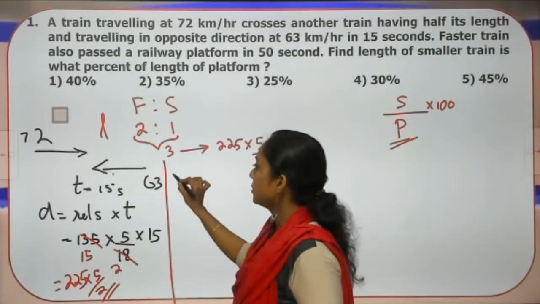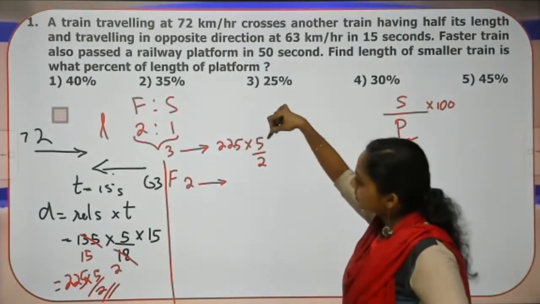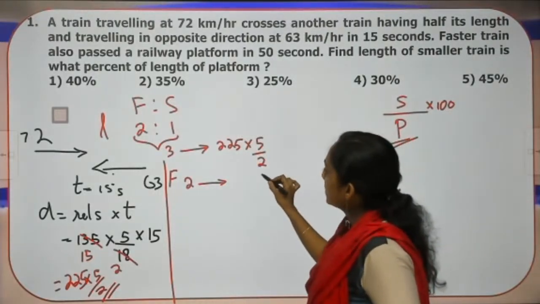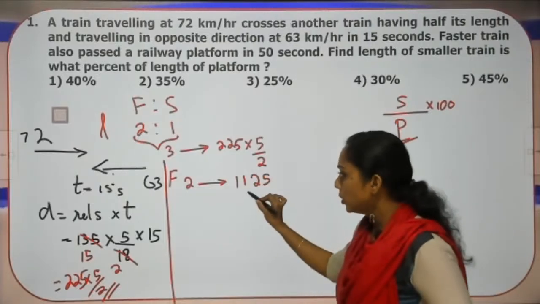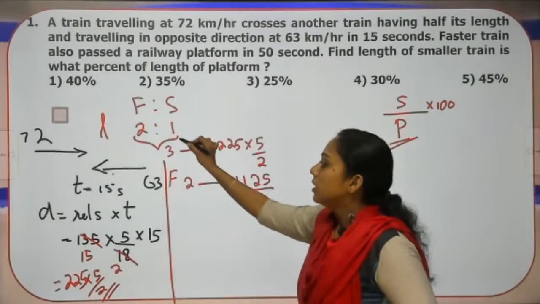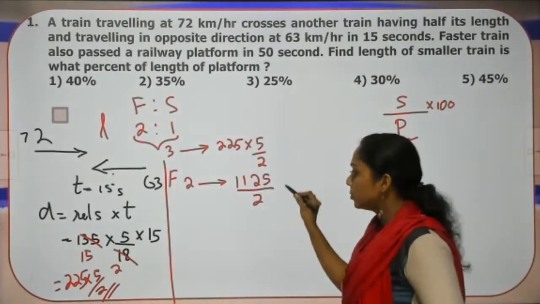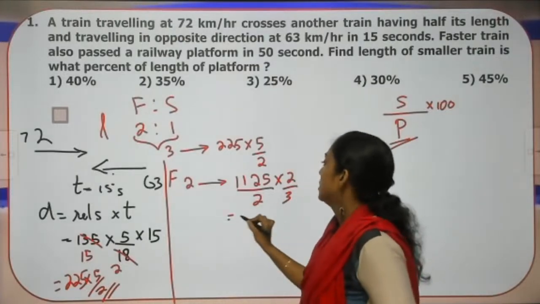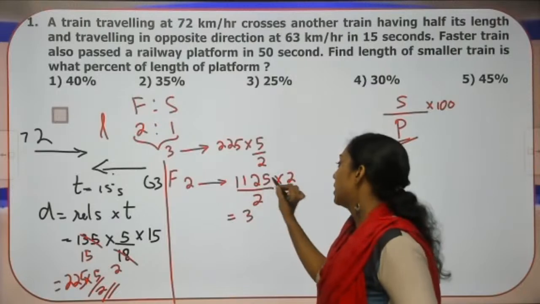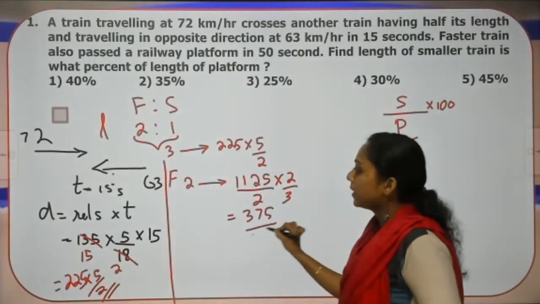So what will be the length of the faster train? Faster train is 2. So 2 will be, actually I am multiplying this 225 into 5, that is 25, 2, 1, 1, 1, 2, 5 by 2. Okay, so here you have to find out, if 3 is this much, then find out how much is 2. So that is into 2 by 3. You will get this value as 375 meters.